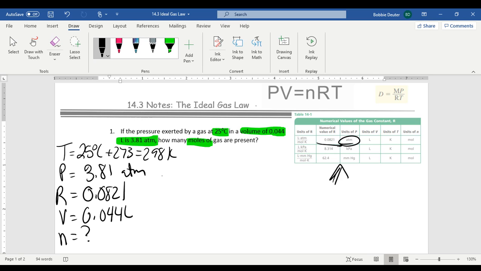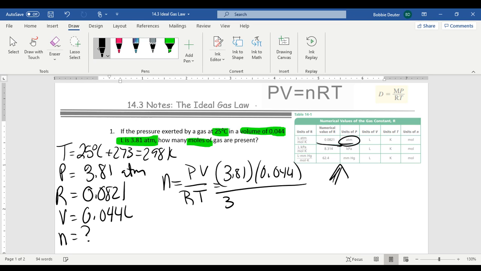In this way, we rework the equation so n is equal to PV over RT. Putting our pressure of 3.81 in, times our 0.044 liters. Then we divide by our 298 Kelvin and an R value of 0.0821.